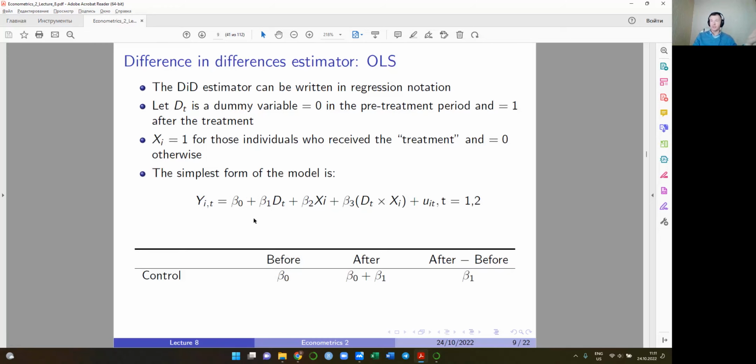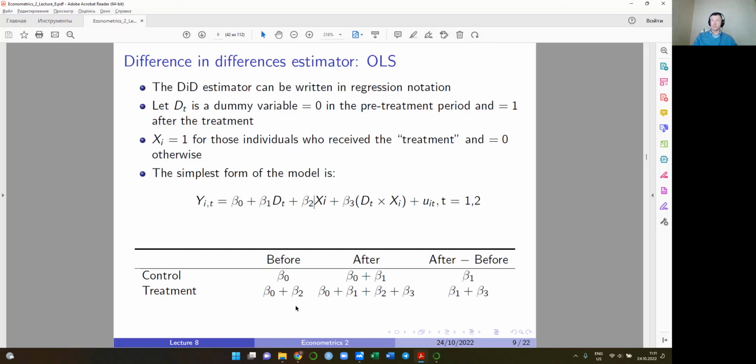After the treatment, the expected value for the control group is going to be beta 0 plus beta 1, because x is 0, d is 1, so then we will have this. Now, if we have the treatment group before, then x is 1 and d is 0, so it's beta 0 plus beta 2 here.